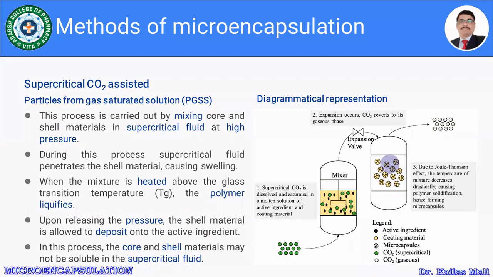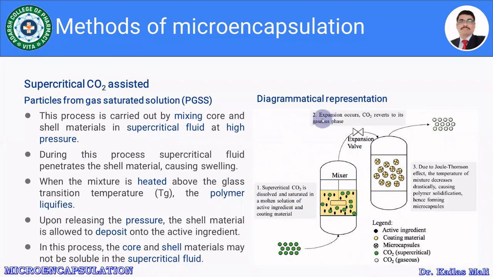So in this process, the core and shell material may not be soluble in the supercritical fluid. So upon releasing the pressure, the shell material is allowed to deposit on the active ingredient. Look at the figure. Very first step: supercritical carbon dioxide is dissolved and saturated in a molten solution of active ingredient and coating material, and the system is maintained at a high pressure.